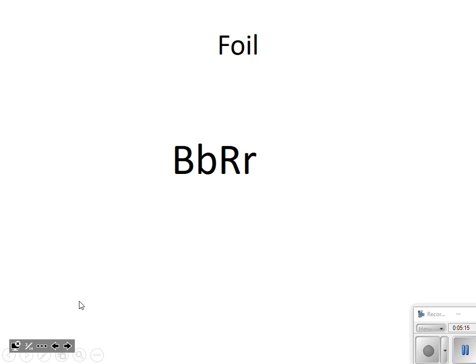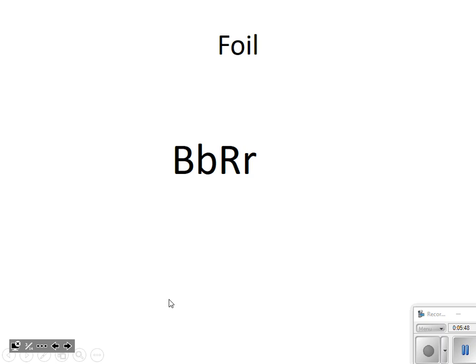Foil. Front, outside, inside, then last. Okay, if you need to write that down somewhere, write that down. It's just like what you would use in math, in algebra. Front, outside, inside, last.